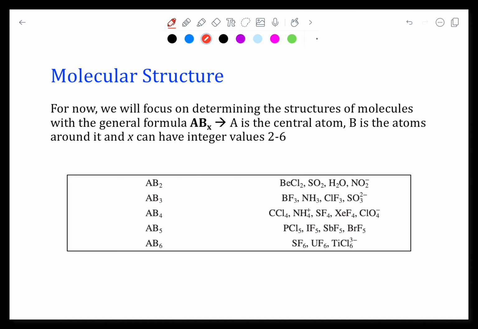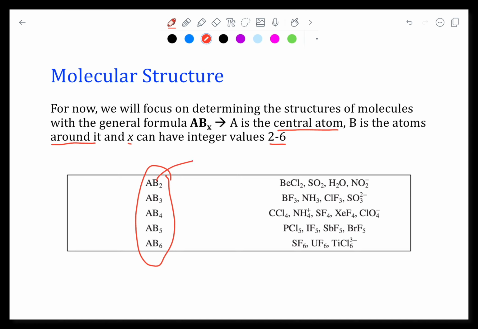A is our central atom, B are the atoms around it, and X is going to be an integer between 2 and 6. So here are 5 different options for our AB notation: AB2, AB3, AB4, AB5, and AB6.